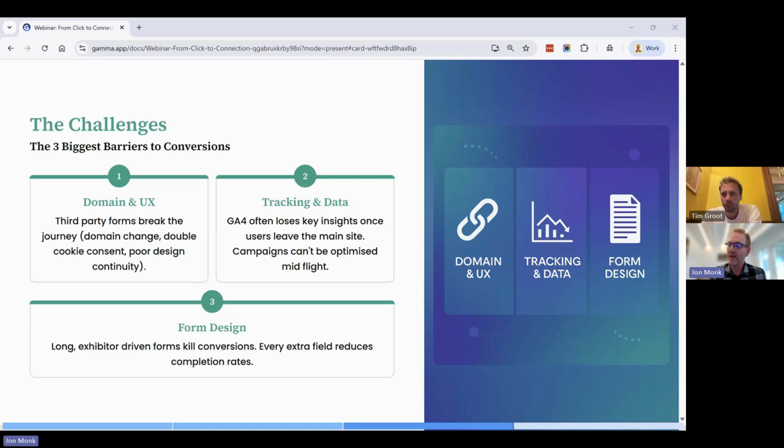But on the other hand, you don't want it going too far the other way, asking lots of questions from other stakeholders which aren't necessarily enhancing the registration experience, and just having what's necessary. Certainly having too many fields is well known within marketing to increase drop-off and reduce conversion rates.